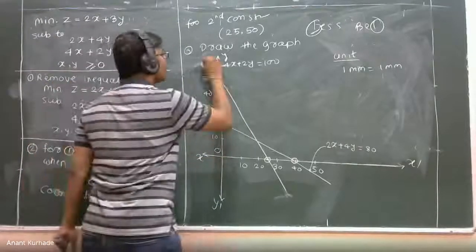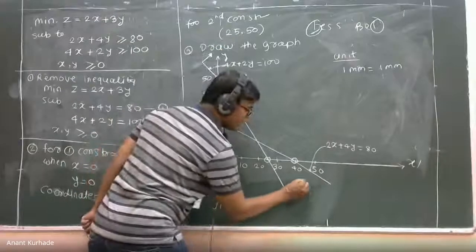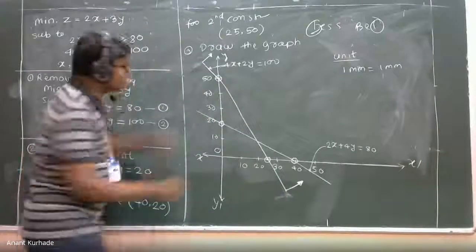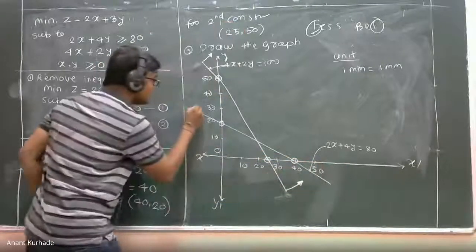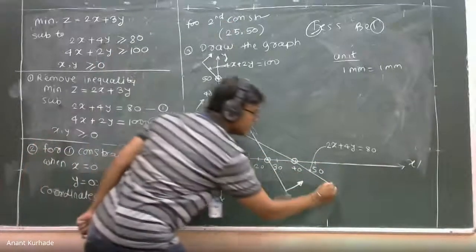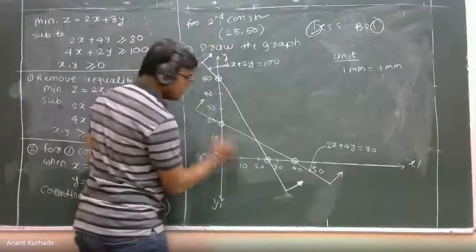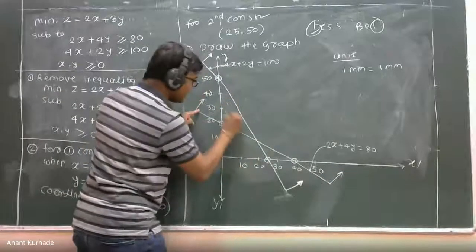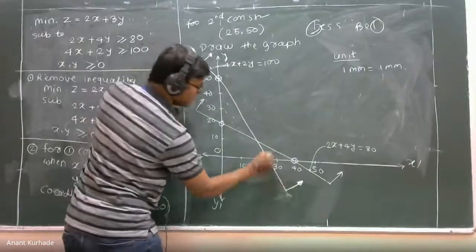These arrows are important. The visible region will lie above this line, and also above this other line.